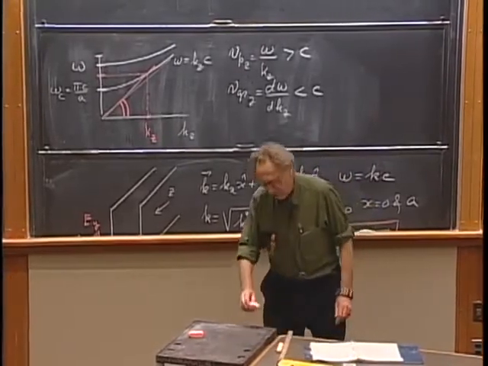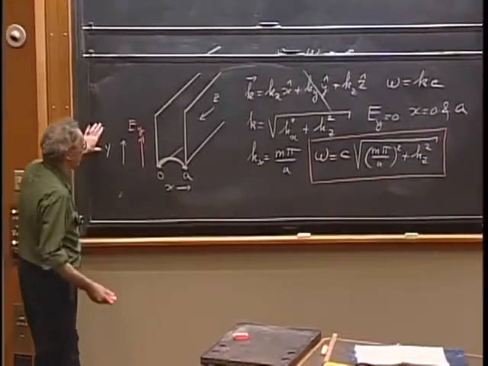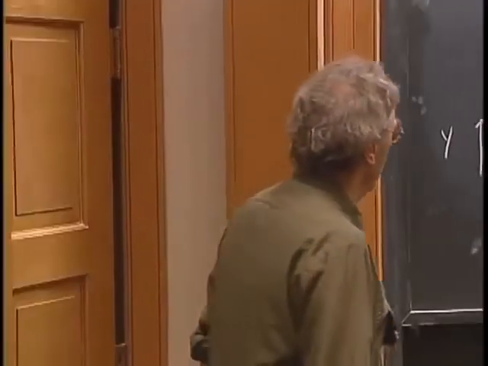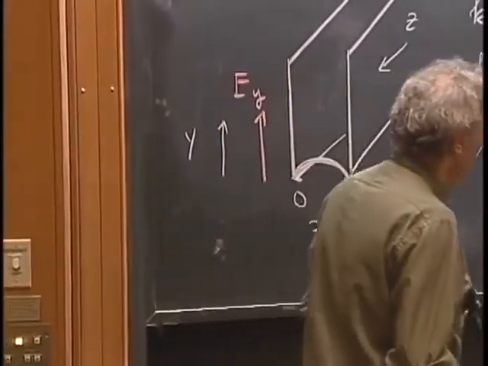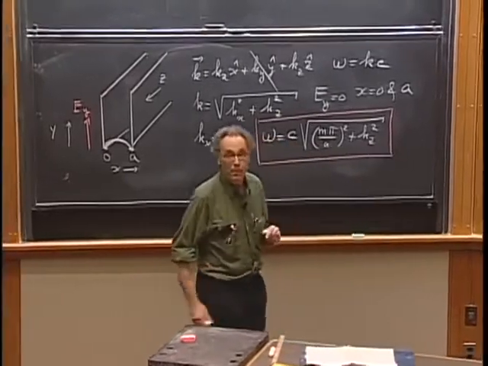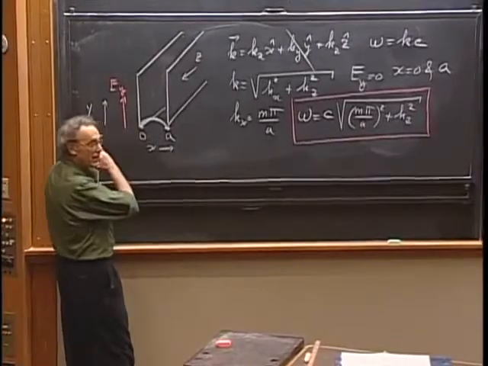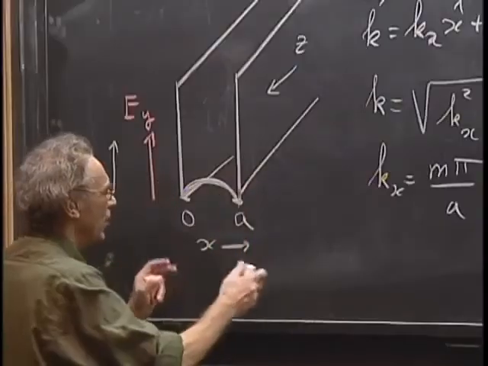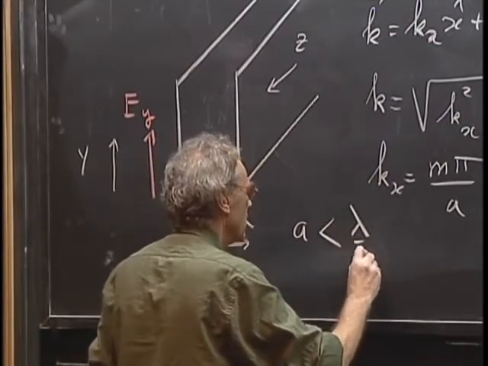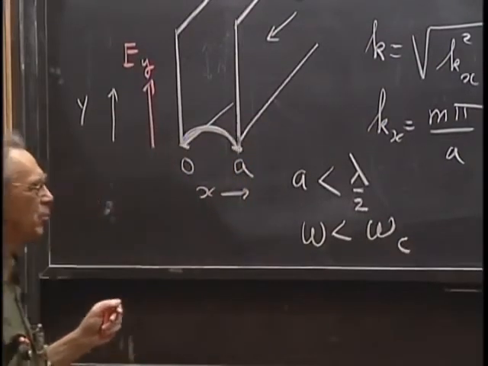Now, the most interesting thing for me, and I stressed that when we discussed this, and I even demonstrated that, we did this with radar, remember, with the 10 gigahertz transmitter, the 3 centimeter waves. The most interesting thing is that if you reach omega equals omega c, and you can do that by making a smaller and smaller, and when a became less than lambda over 2, that means omega became less than omega c, then no radiation will propagate through anymore.